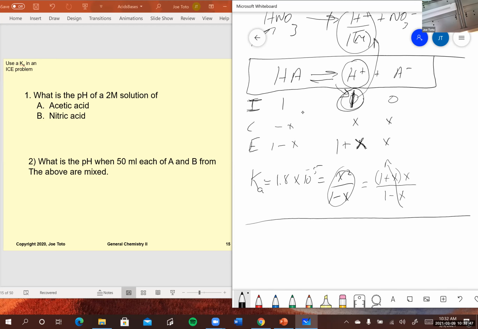And so now I see that this whole thing is a 1. So X equals this value. And so 1 plus 0.0000018. That's pretty much 1. Okay.